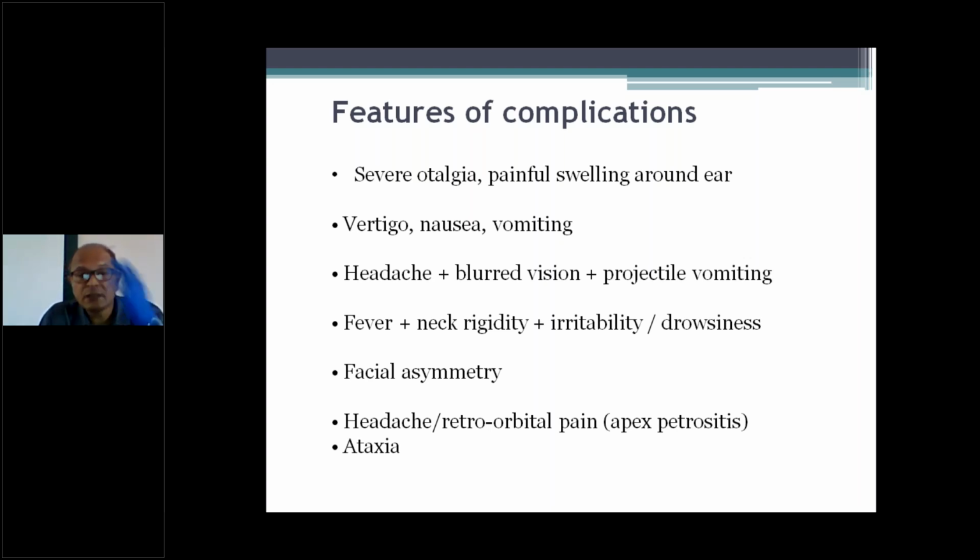If there is a fistula, the patient will definitely have severe vertigo and nystagmus. For neck rigidity, ask the patient to flex the neck and touch the chest. If there is neck rigidity, the patient can never do it. Headache, blurred vision and vomiting, the patient will obviously tell you.